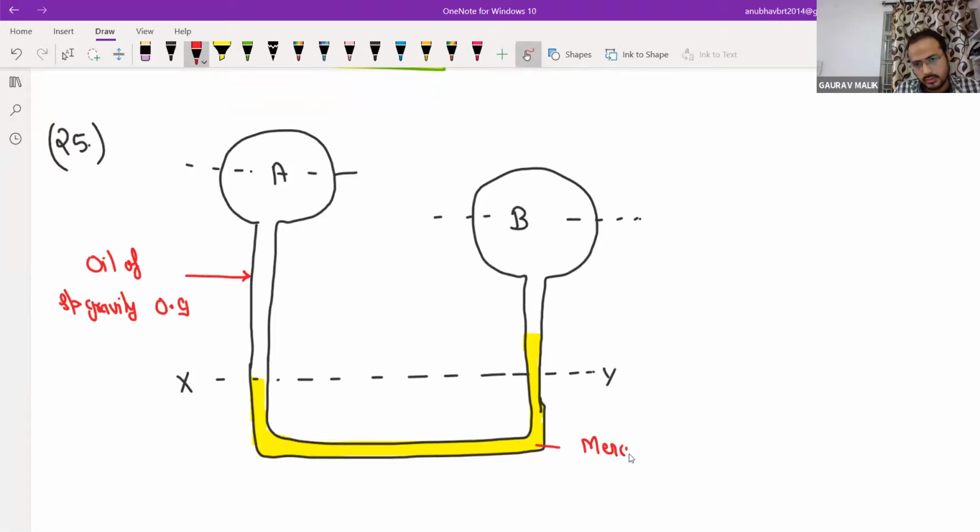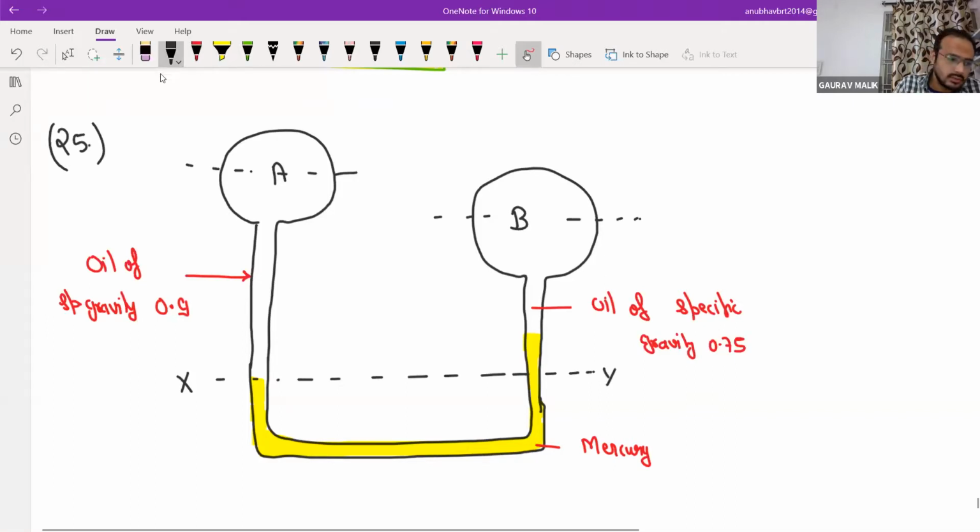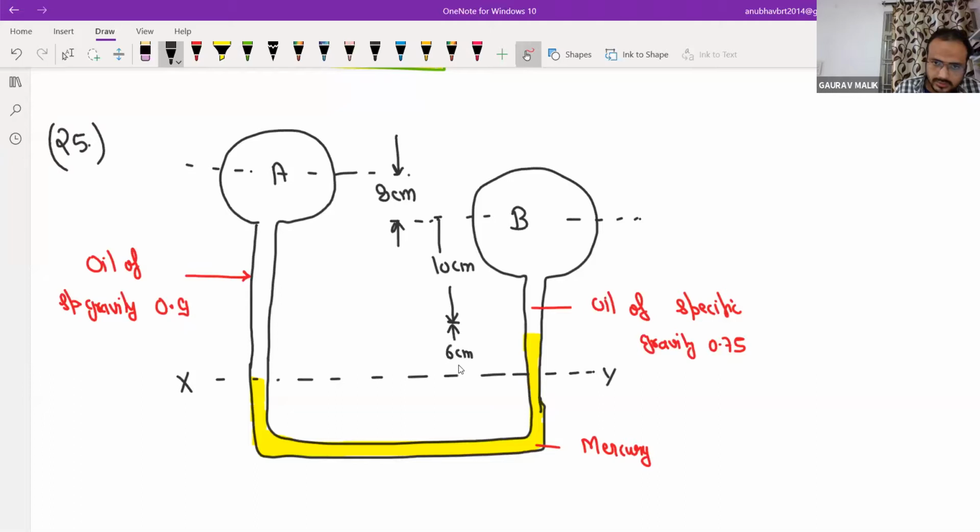It is mercury. Oil of specific gravity 0.75. These heights are, it is 8 centimeter. This one is 10 centimeter. This one is 6 centimeter.